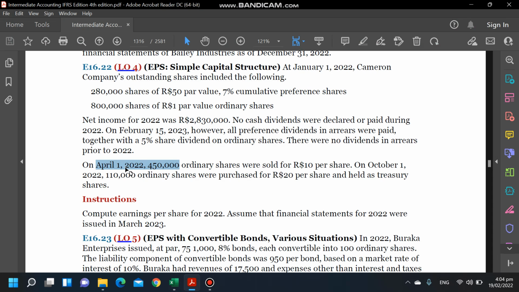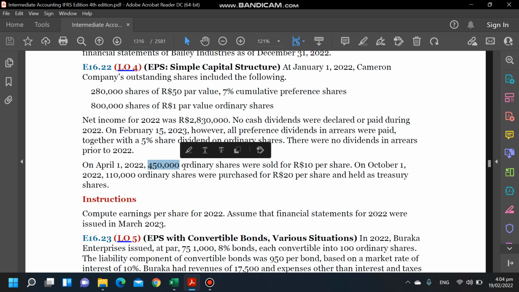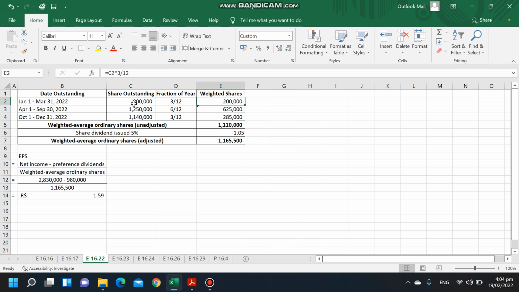And then from April 1st until the next event on October 1st, 2022, so April 1st to September 30th, we add 450,000 ordinary shares because they were issued. So 800,000 plus 450,000 becomes 1,250,000. The period is 6 months, so 6/12, and the weighted shares is 625,000.